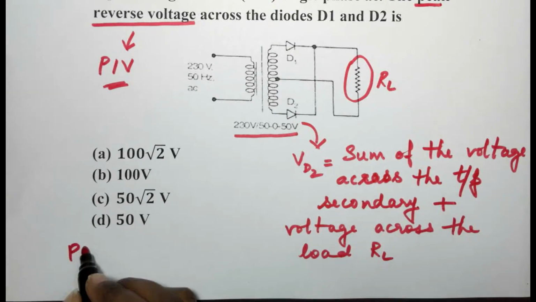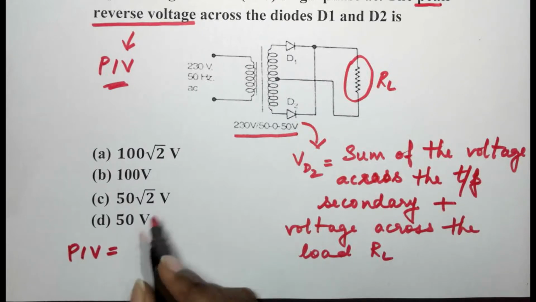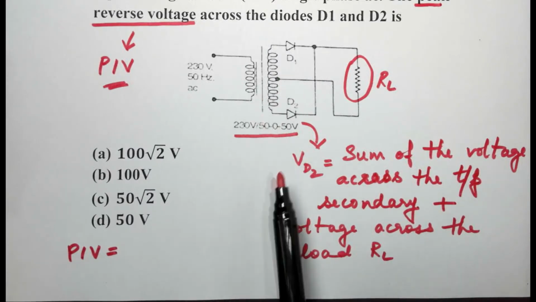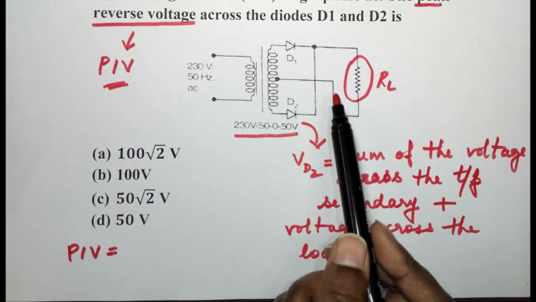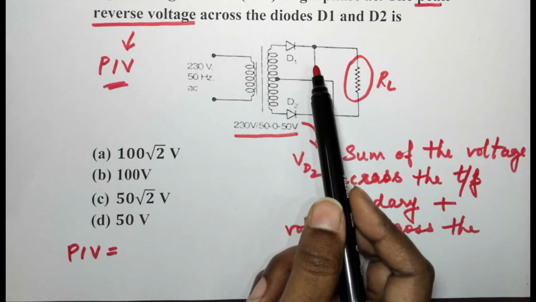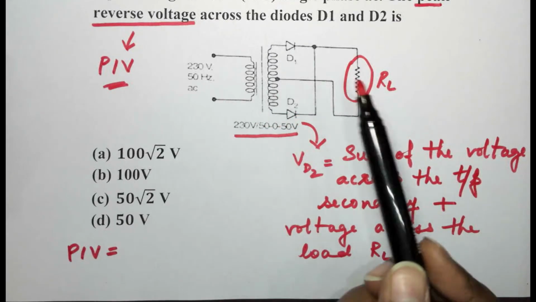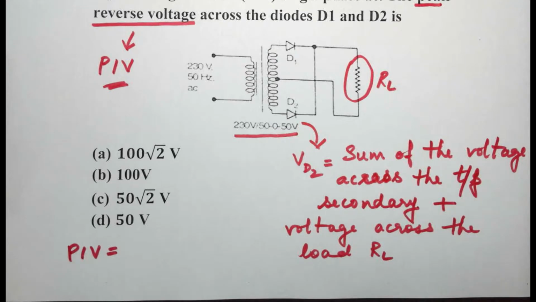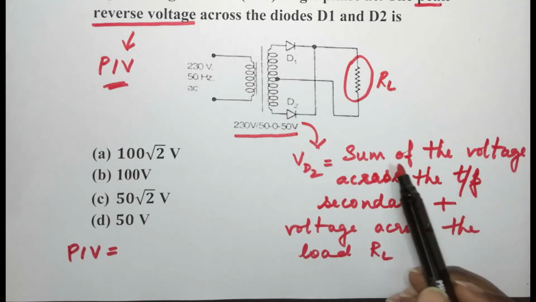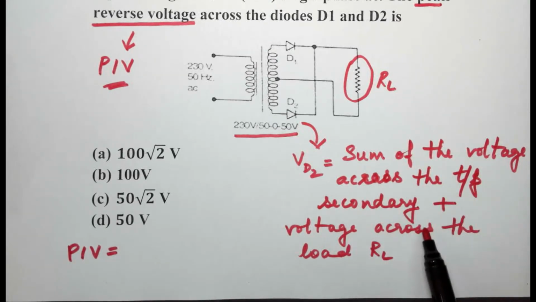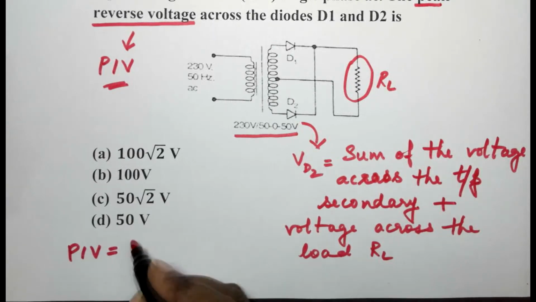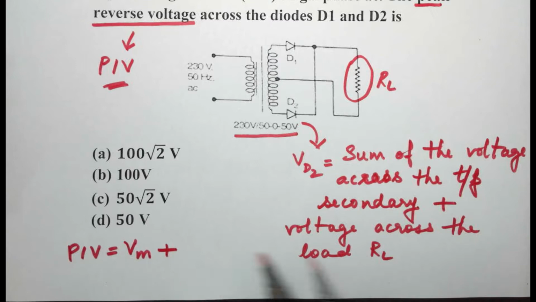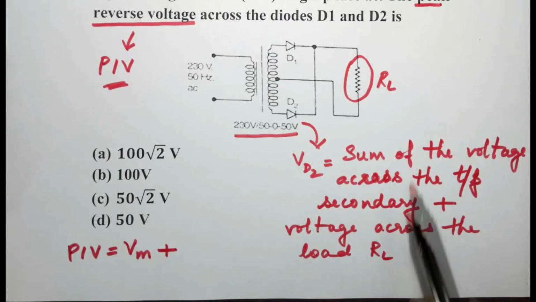So what this actually means is that PIV of D1 and D2 will both be the same, because in one half cycle D1 is in forward bias while D2 is in reverse bias, and then in the next half cycle they interchange. So PIV would be the sum of the voltage across the transformer secondary, which is VM, the maximum voltage, plus the voltage across the load RL, which would be VM again.